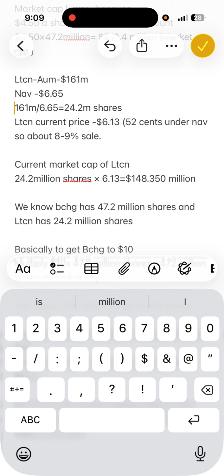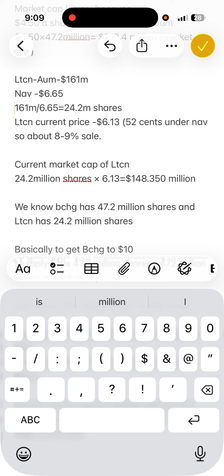But the current price of LTCN is $6.13. So it is 52 cents under NAV price. That is approximately 8 to 9% on sale, right? Because when you calculate the current market cap of LTCN, it's $148,350,000.